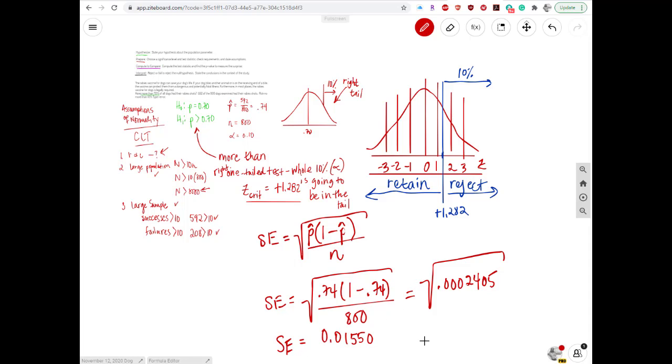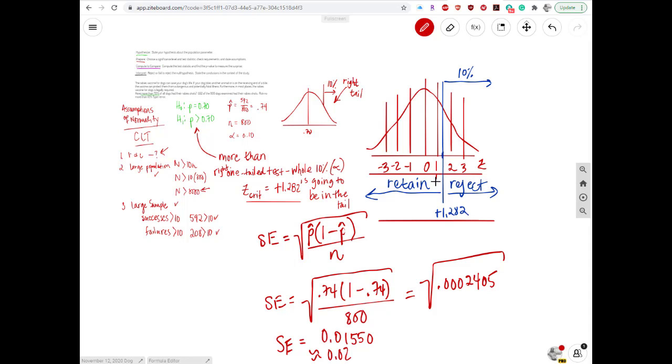Okay. Now, if I were going to compare this, I'm just going to round the standard error, like I did last time, for the sake of making things simple. I'm going to round this to about 0.02. Okay? And let's see what this means in terms of the proportions up here.